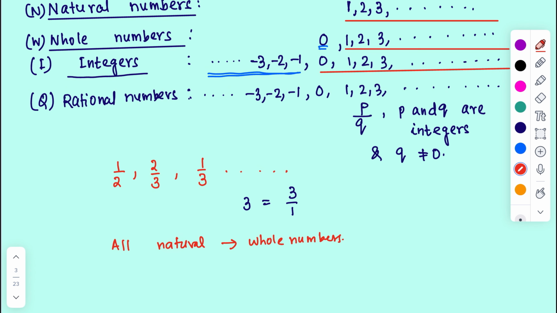Now, on the basis of this knowledge, we will solve some problems. Another thing is missing, that is irrational numbers. Irrational numbers are also real numbers, and we represent them by Q dash.